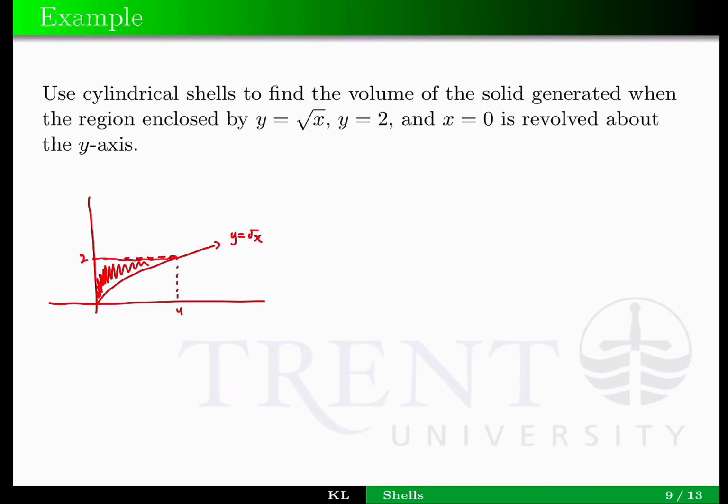The axis of revolution is the y-axis as well.